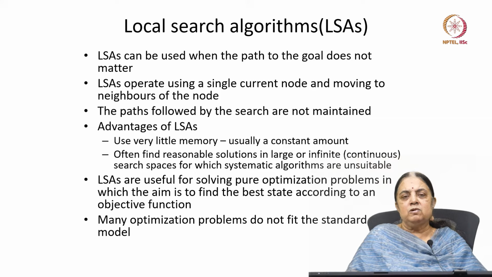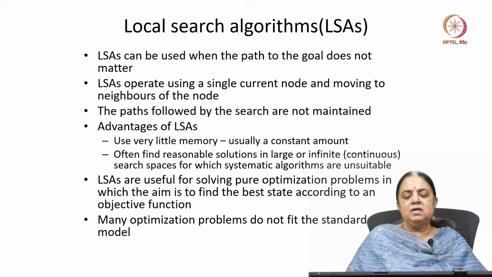Generally, in the solution space you have one node which is known as the current node, which could be any point taken at random, and you move from there to neighboring states. So what do you mean by neighboring states? We can look at a neighboring state as a state which is closer to this point.